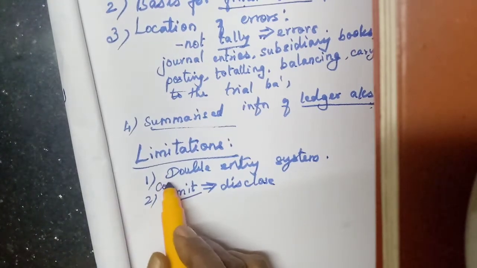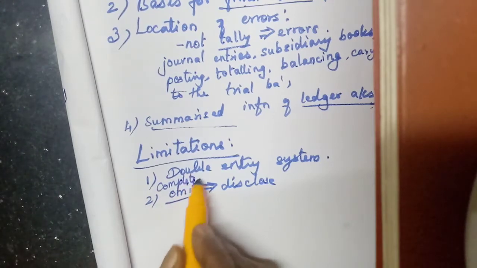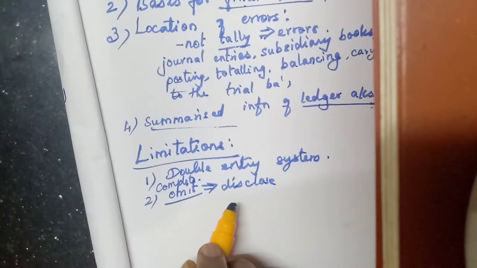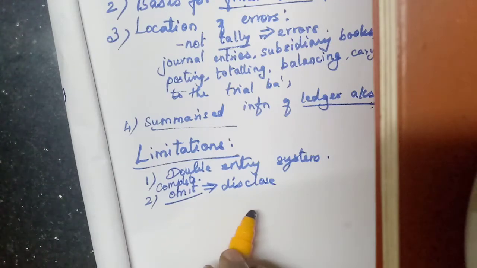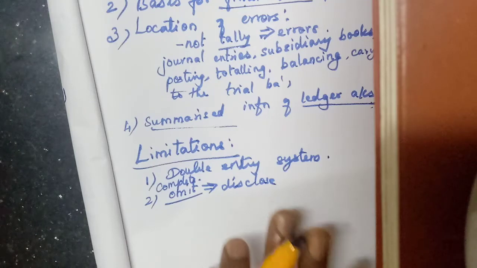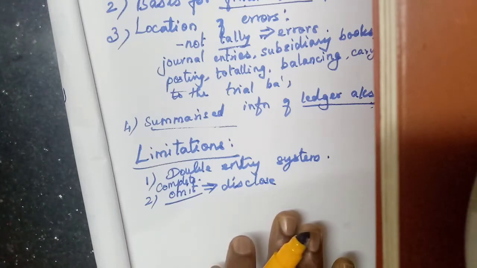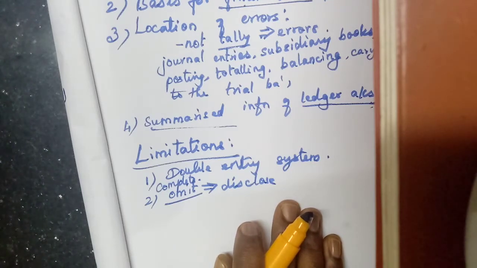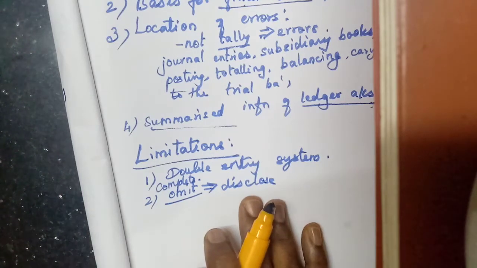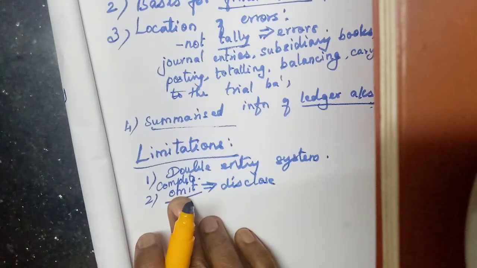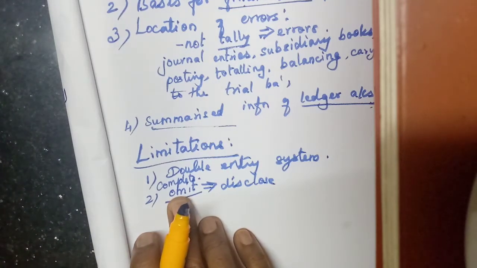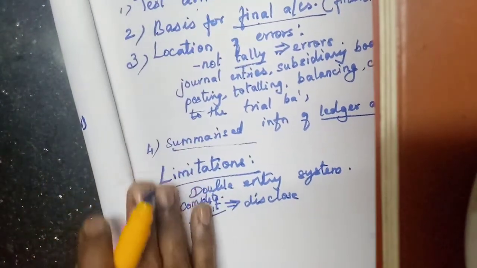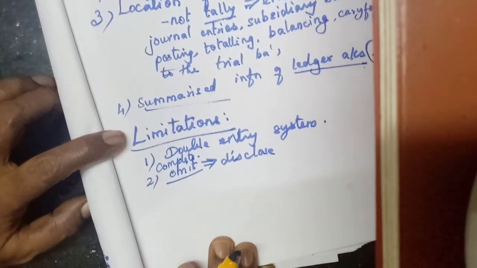Complete omission: if one journal entry is not posted anywhere, with debit and credit aspects not posted, that will not be disclosed in the trial balance. It will get tally. By seeing that amount, both the debit and credit columns will be equal. Then we will think it is correct, but a complete omission has already been made. So this will not be disclosed by the trial balance.